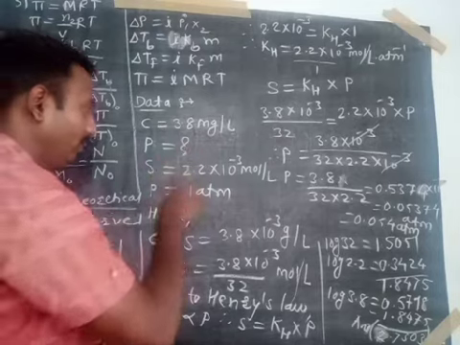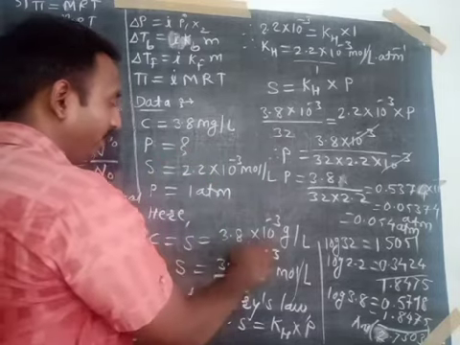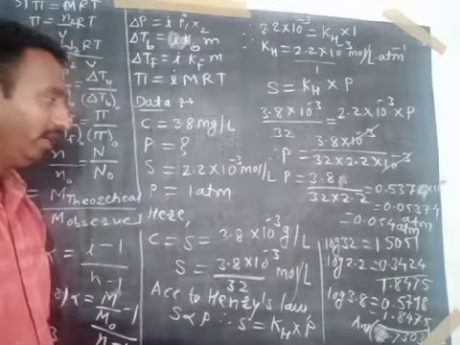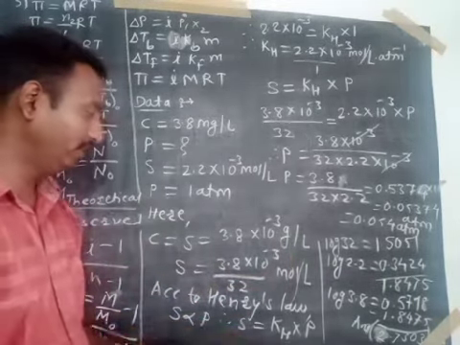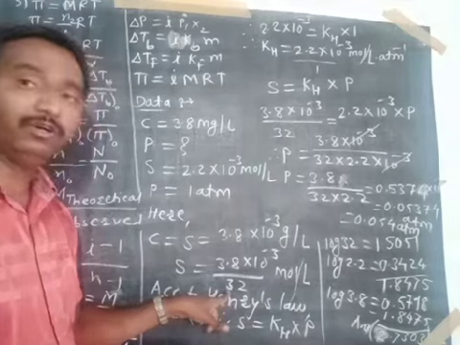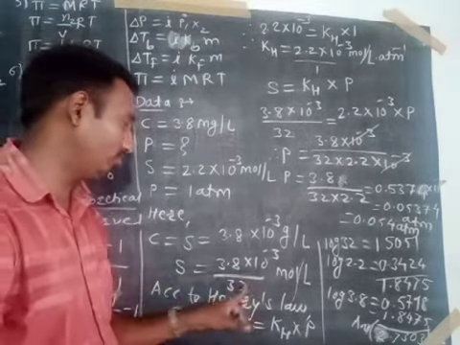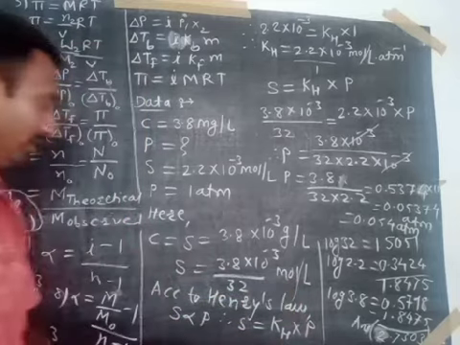To convert, first convert milligram to gram by multiplying by 10 raised to minus 3 gram per liter, and to convert gram into mole, divide by the molar mass of oxygen. Molar mass of oxygen is 32, that's why 3.8 into 10 raised to minus 3 divided by 32 mole per liter.